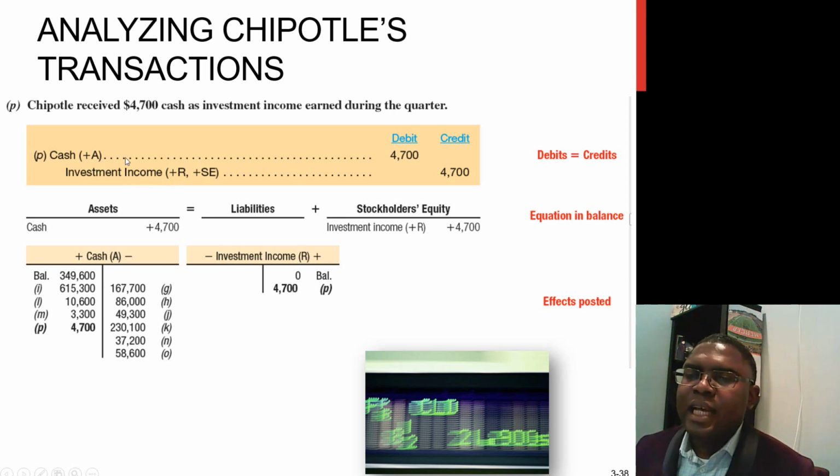So cash is an asset, money is coming in, so asset is increasing, it takes a debit balance. Investment income is a revenue, it is increasing, it takes a credit balance. And then the balance sheet equation balances, and then we post to the respective T accounts, the cash account and the investment income, which is a revenue account.